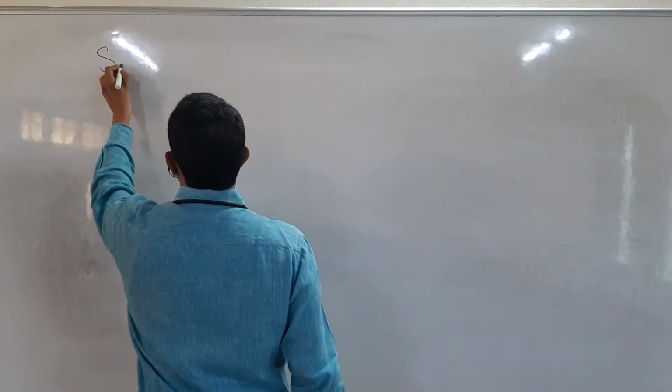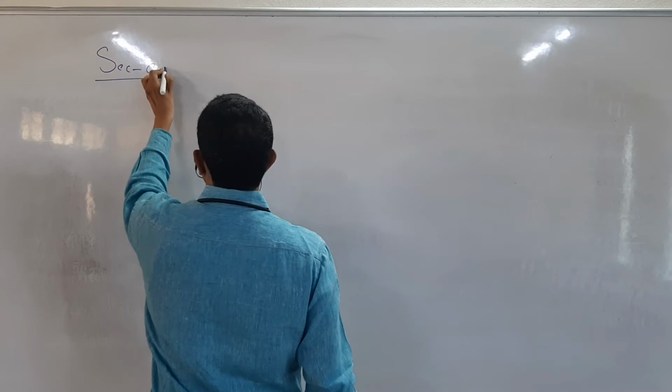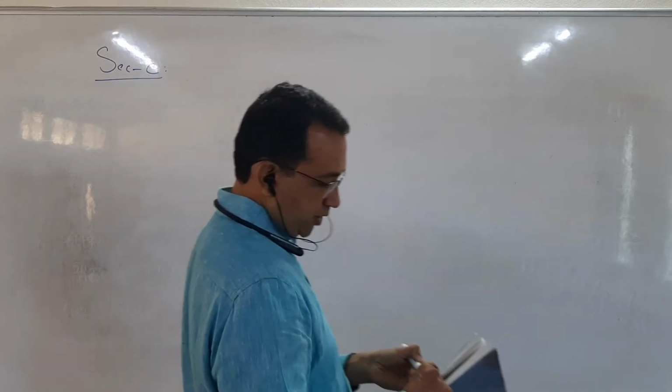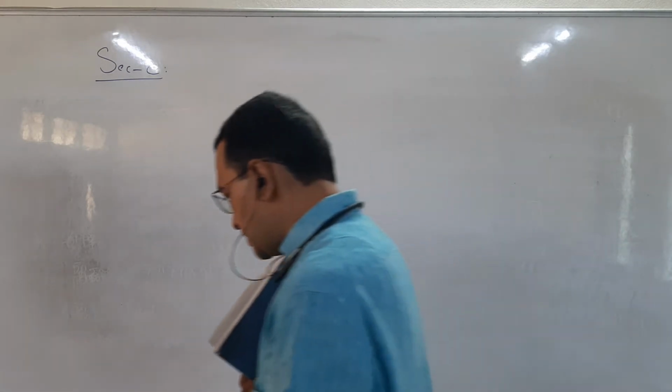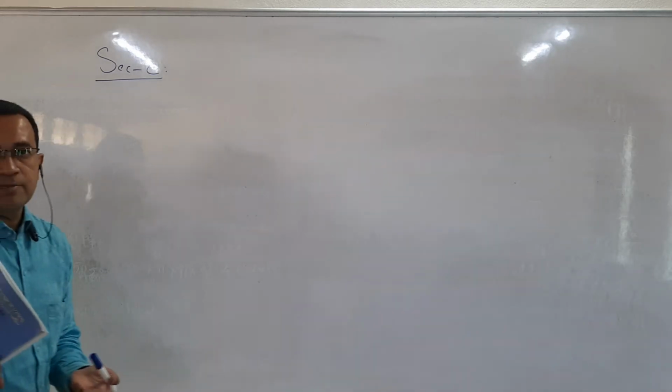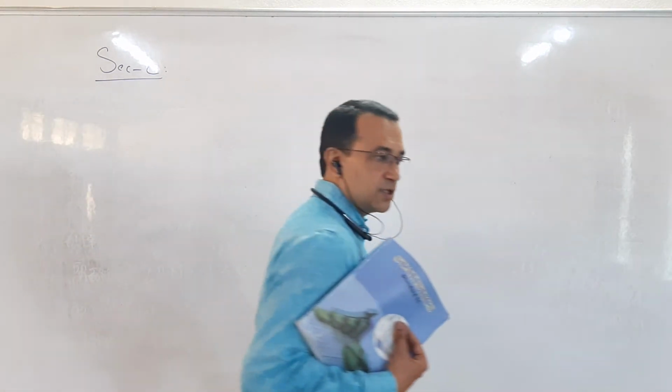So section C we are doing. Once again, students, four advantages of mode. The definition of mode is simple and easy to understand. Second, mode can be merely obtained by inspection. For ungrouped data, the observation repeated maximum number of times is nothing but mode.